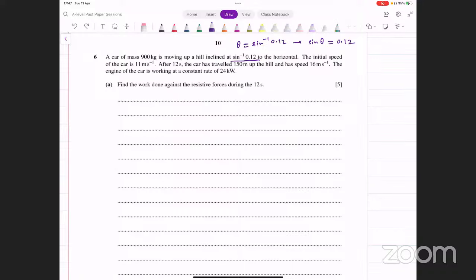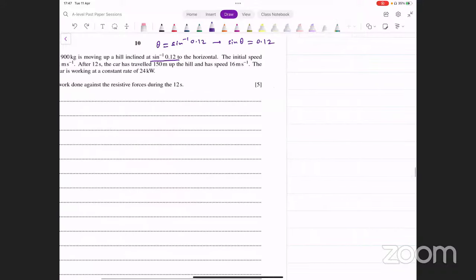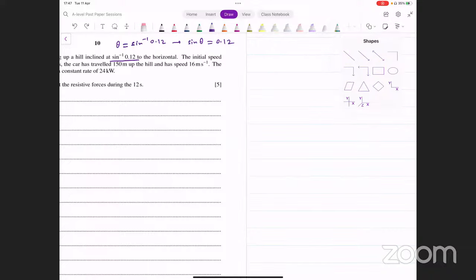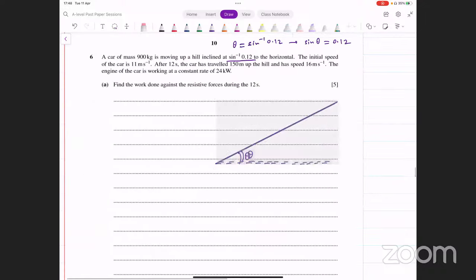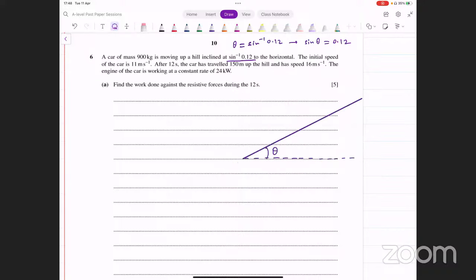Now let's try to represent the situation in a rough sketch that will help us understand this better. So we have this inclined plane, and the angle that this plane is making with the horizontal is given here. Let's say that's theta. All right, so this is what the situation looks like.